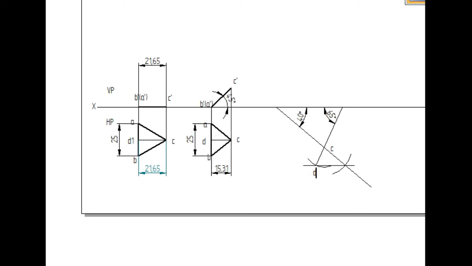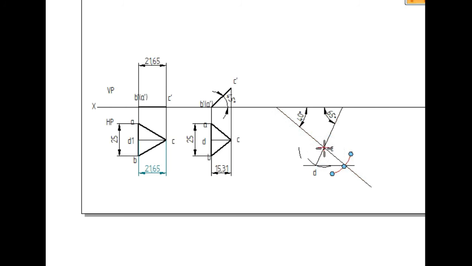For that, I will measure the distance from point A to C. From A to C it is 19.76. Similarly from C to B it is 19.76. So I will take the compass and cut an arc of 19.76, enter. 19.76.